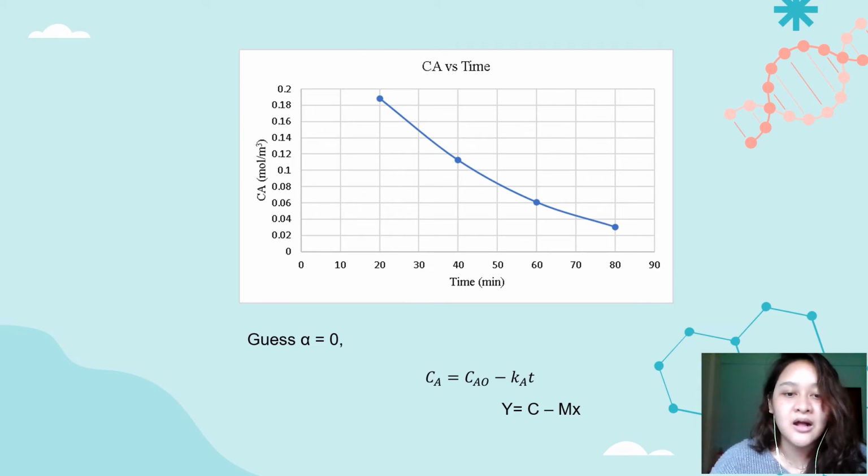With the alpha value equal to 0, we plot the graph of CA versus time. In this graph, we can see that the plot is not linear, thus it is not a zero order reaction.